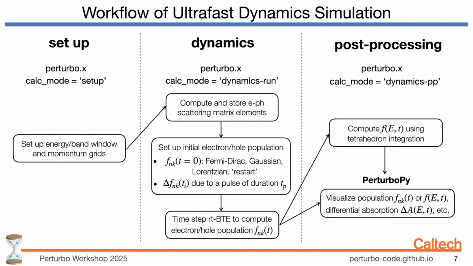This is also a result that will be stored in an HDF5 file, and either f_nk(t) or f as a function of E and t can be visualized using tools in Perturbo-Py, or you can write your own script to read this HDF5 file and plot what you want. And Perturbo-Py also offers a new function to compute the differential absorption signal ΔA as a function of energy and time, which we'll show later as well.